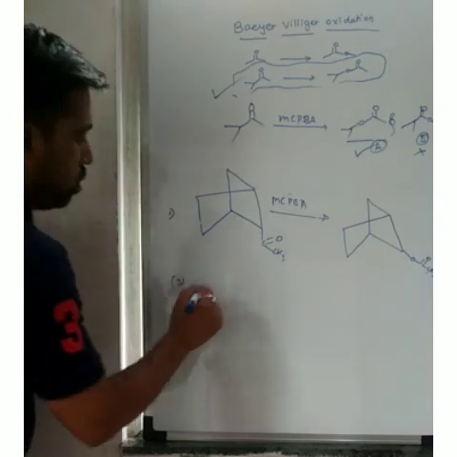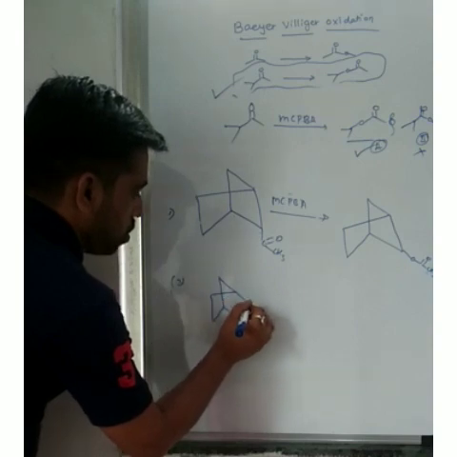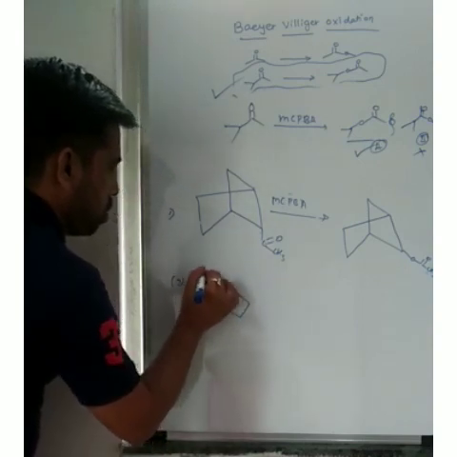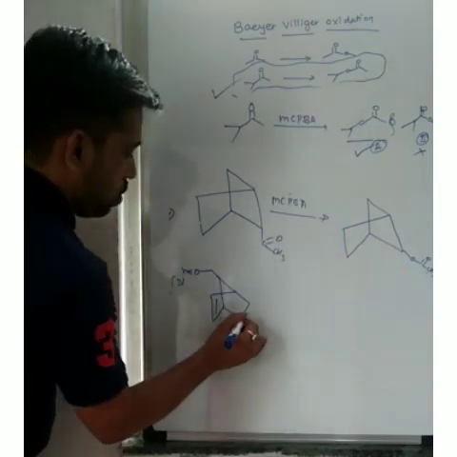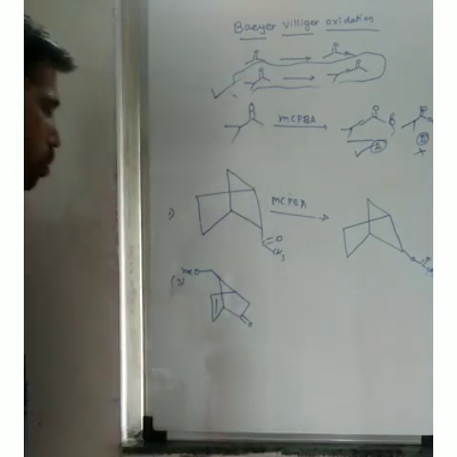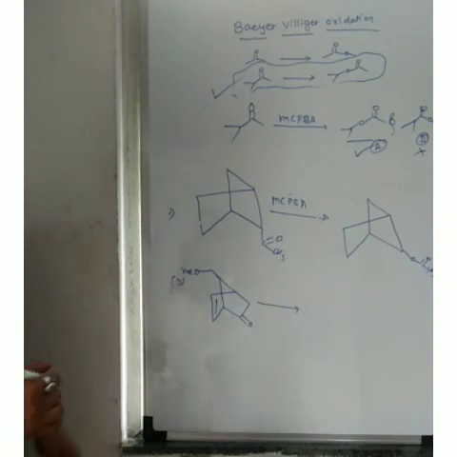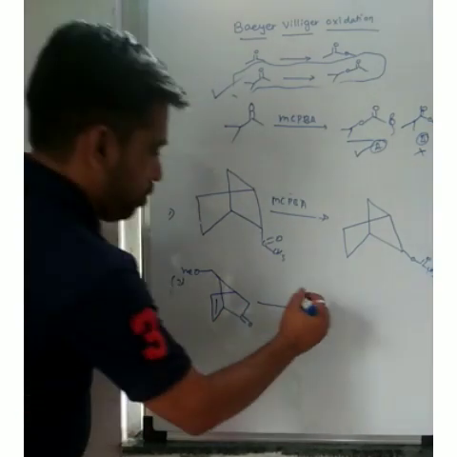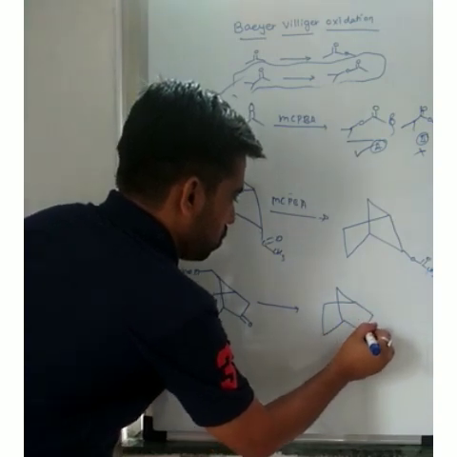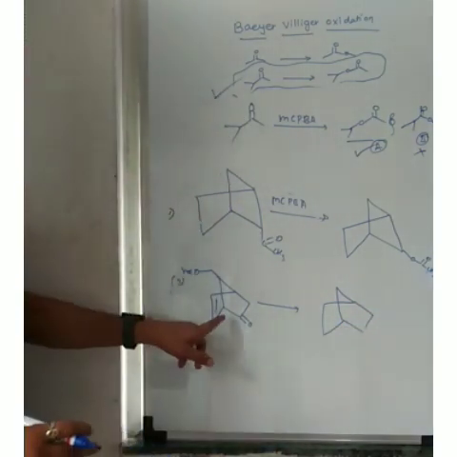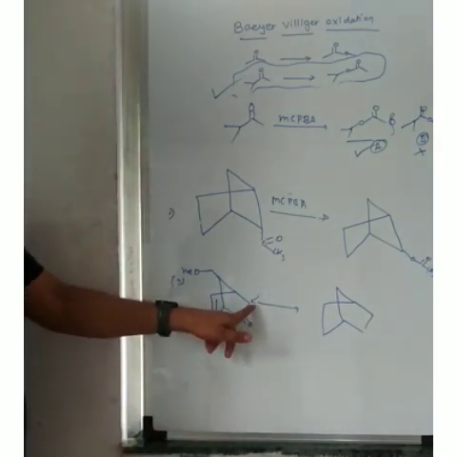The OMe is there. Now we get the product. This is the primary center and this is the secondary center.